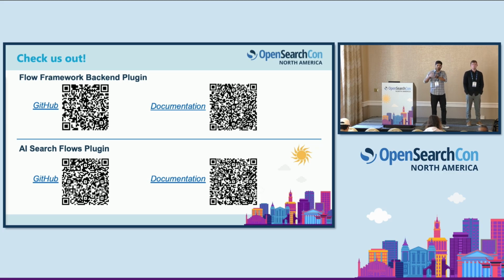But in the 3.3 release, we would have an index mapping tool and an index insight tool. No matter which index you select, you just make a search call. Those tools give the insight and the mapping of the index to the LLM so that it knows which index would be the right one to make the search call on. It will select that index and make the search query.